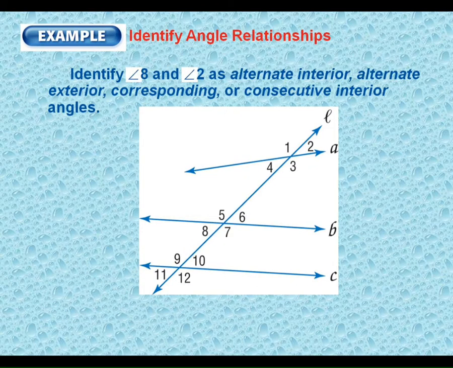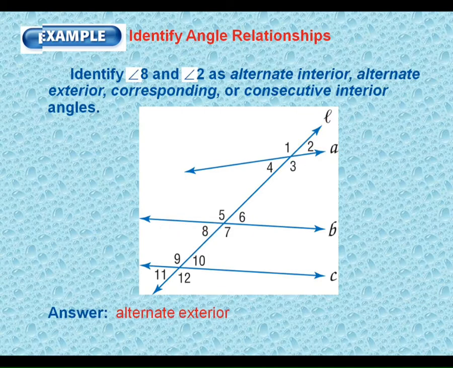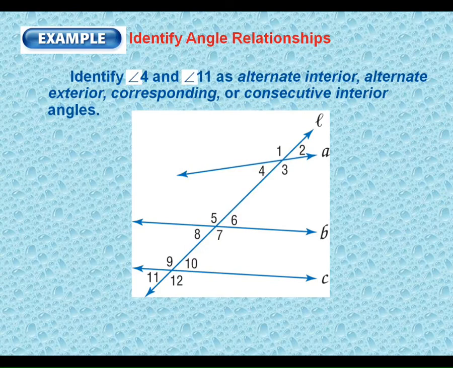Angle 8 and angle 2. Again, we're just dealing with those lines right now. What type of relationship are those? Yeah, those would be alternate exteriors, alternate sides of the transversal, exterior of those lines. Very good. 4 and 11.